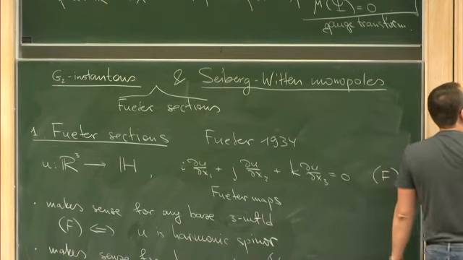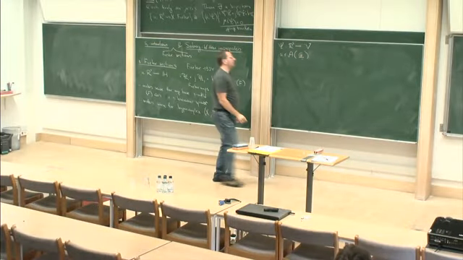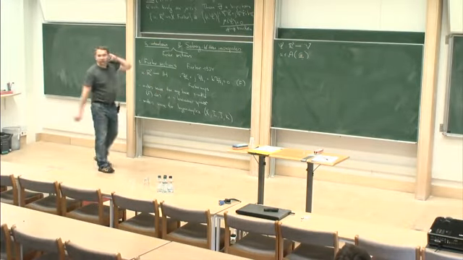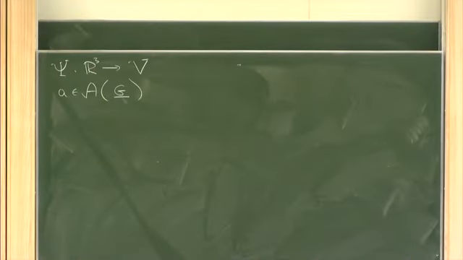So A is a connection on the trivial, on the product G bundle, and what you have there is a covariant derivative. You don't need to assume here that your base manifold is R3. You can do this for an arbitrary manifold, but then you have to talk about certain sections of certain bundles, and I want to avoid this at this moment. All right.